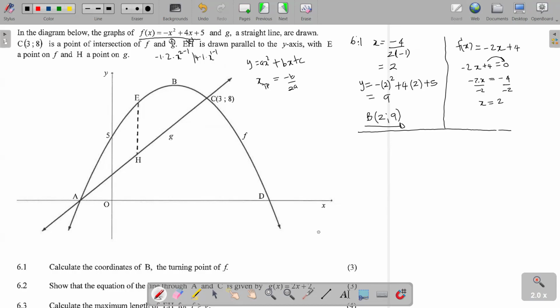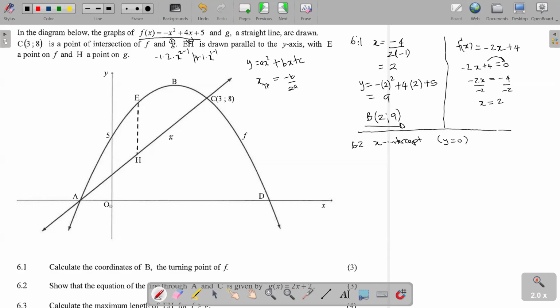So we are going to get the x-intercepts of our f. We know that on question 6.2, we need the x-intercept, and we know that at the x-intercept, y must be equal to 0.